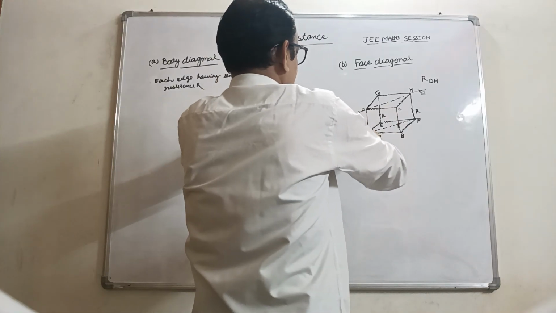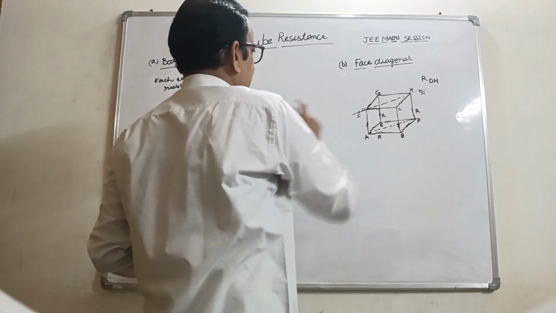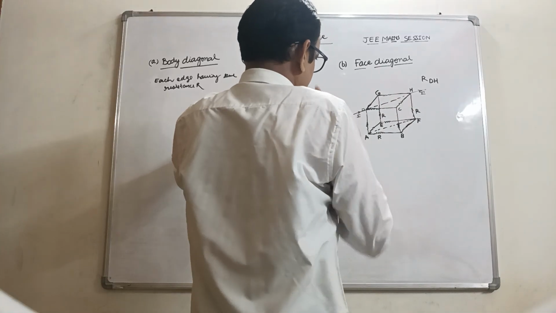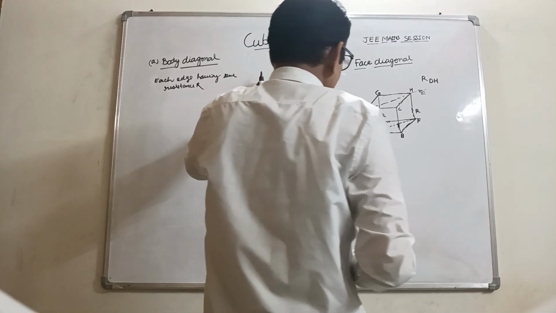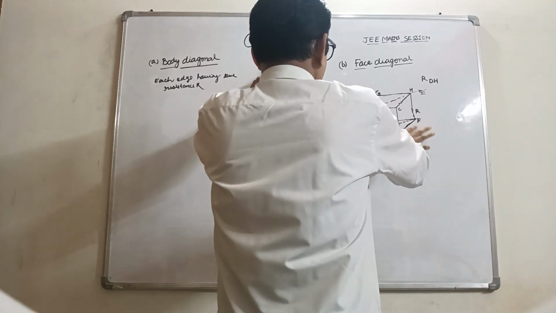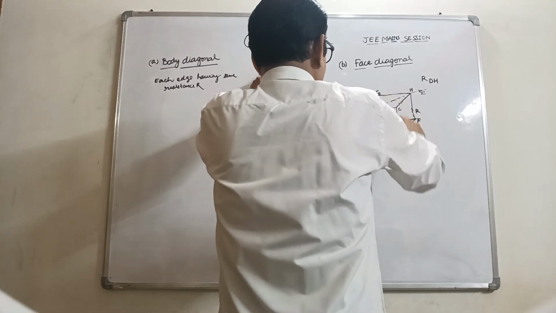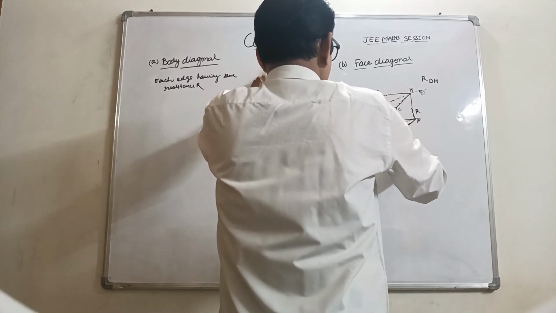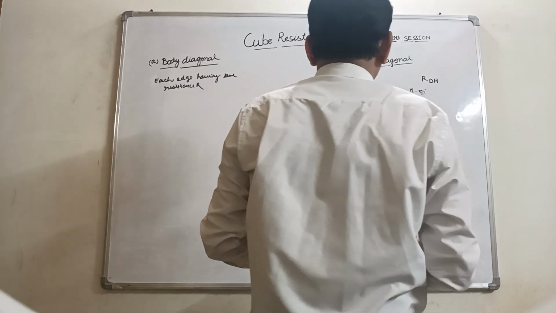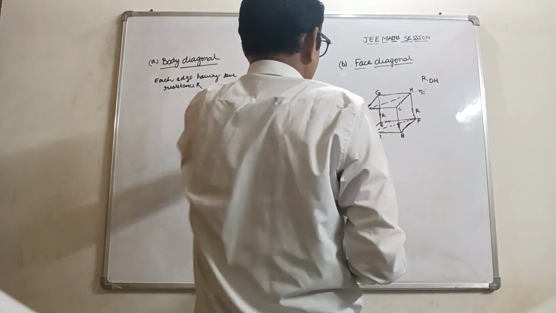So this current is entering, and this current is leaving. So in this scenario we cut it diagonally. On cutting diagonally we find this point and this point, similarly this point and this point would be having the same potential, equipotential.